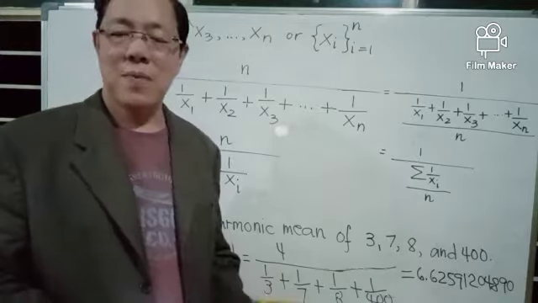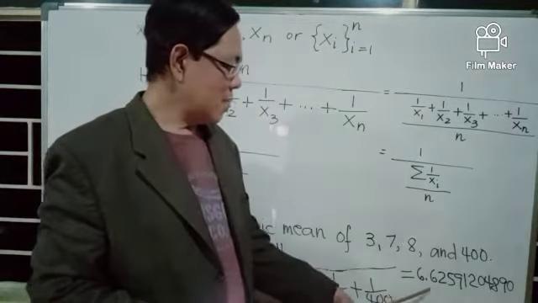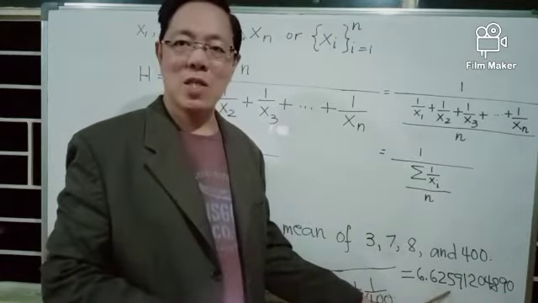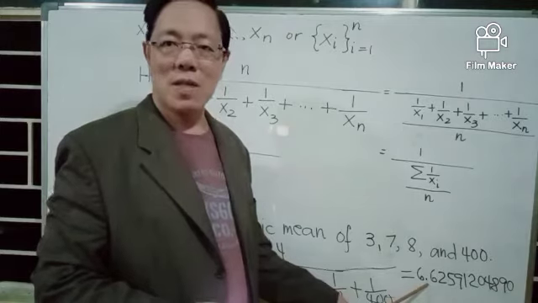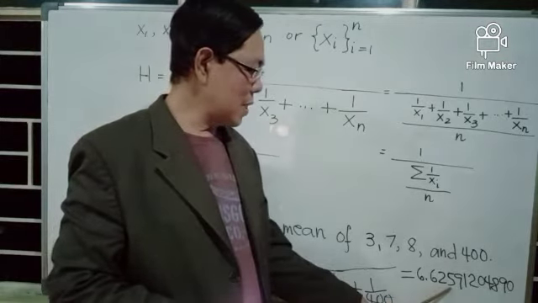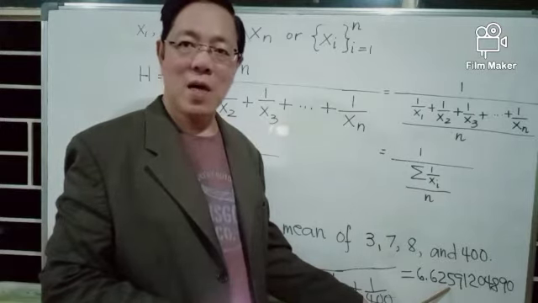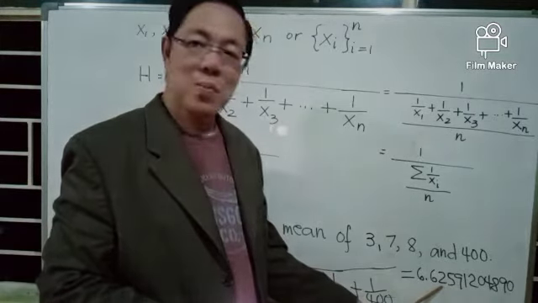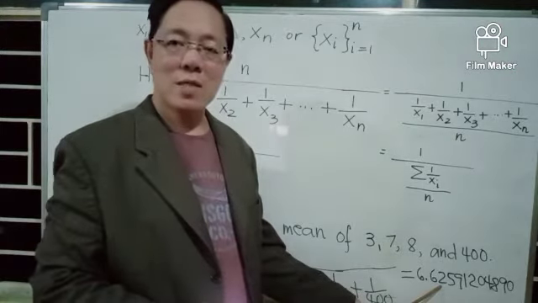Now we round the answer to 2 decimal places. That means we round at the third digit from the decimal point. From the decimal point we count 1, 2, 3. The number to be dropped is 5. Since 5 is exactly 5, we add 1 to the preceding digit 2. And so 2 plus 1 is 3.